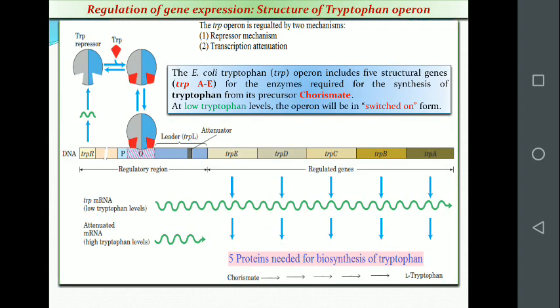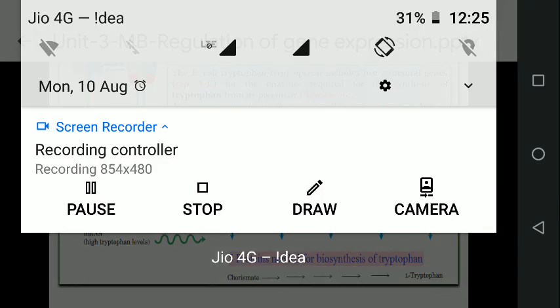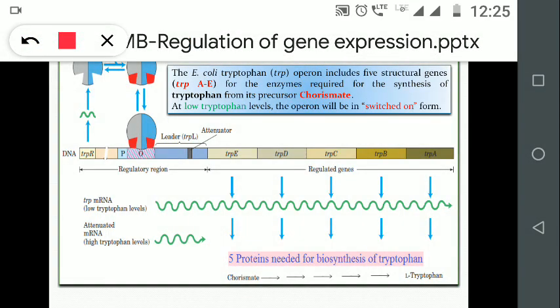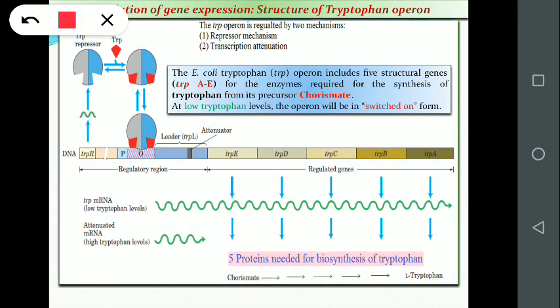So now let us see the structure of the tryptophan operon. Just like the lactose operon, in the tryptophan operon also we have the structural genes, but in this case, as we have already discussed, it requires 5 different genes to produce 5 polypeptide proteins, and those 5 polypeptides finally form 3 enzymes.